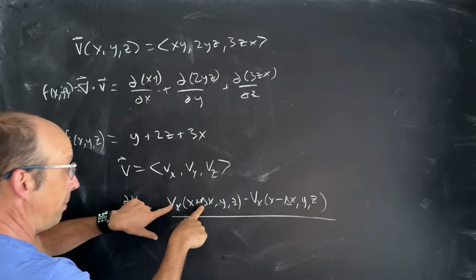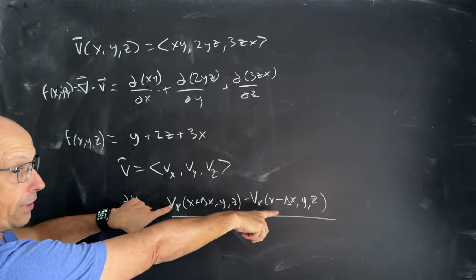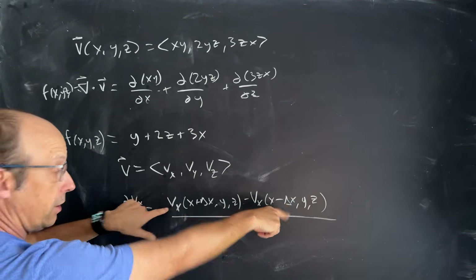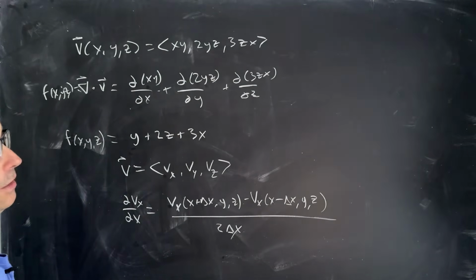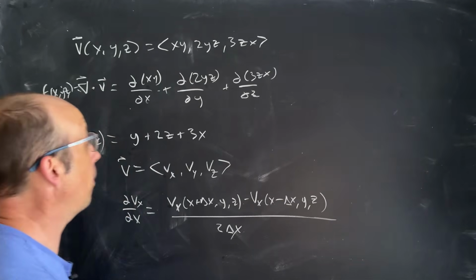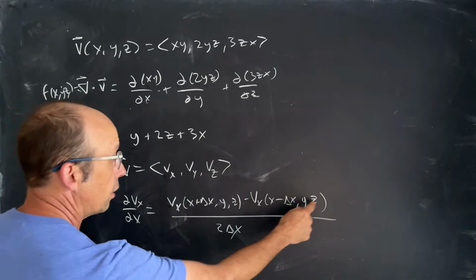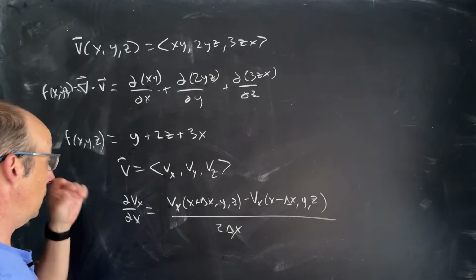I went up a delta x, I went back a delta x, so my total change is 2 delta x. And that's a numerical derivative. A numerical partial derivative because I didn't change the y and z, I just kept them the same.